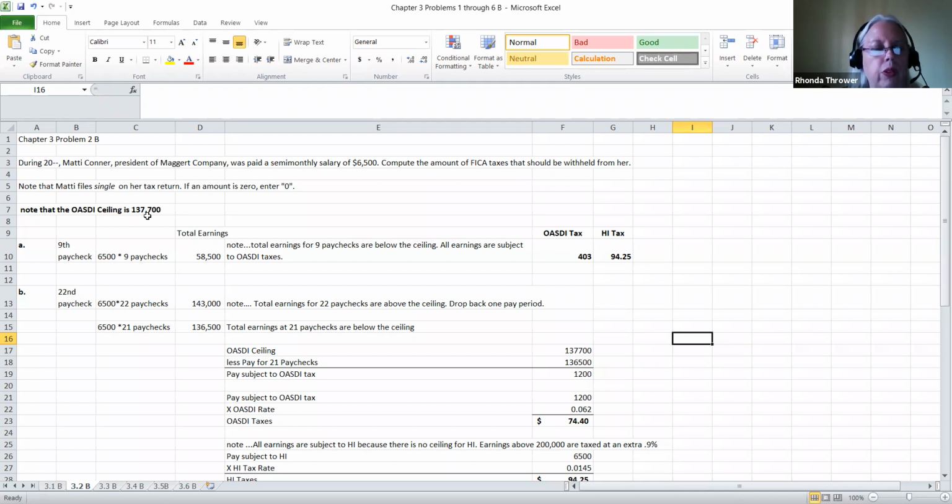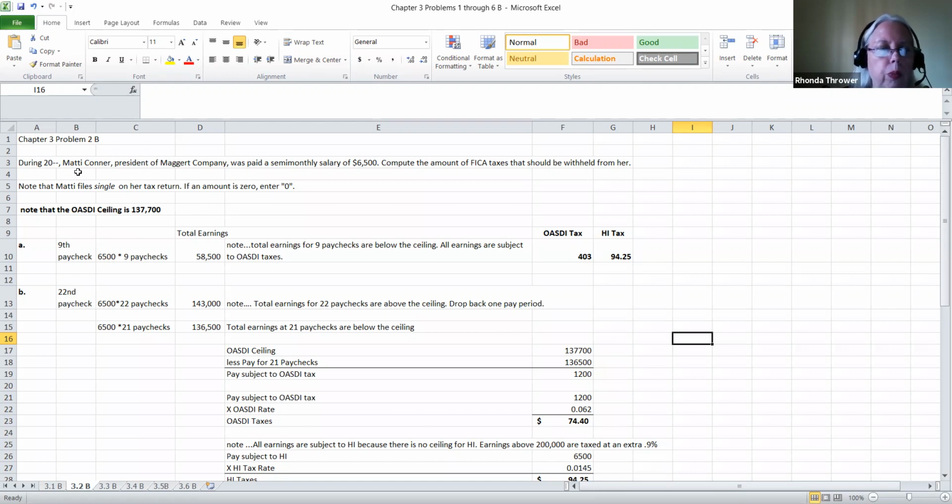If the employee's earnings are above $137,700, they won't be taxed on the part that is above $137,700. So in other words, for Social Security, if you make $137,700 in one year, you will be taxed at 6.2%, but anything above that, you won't be taxed.